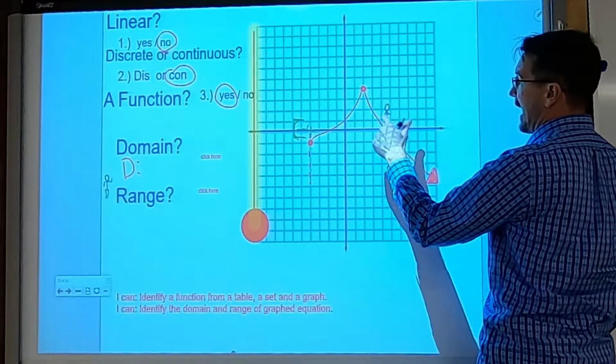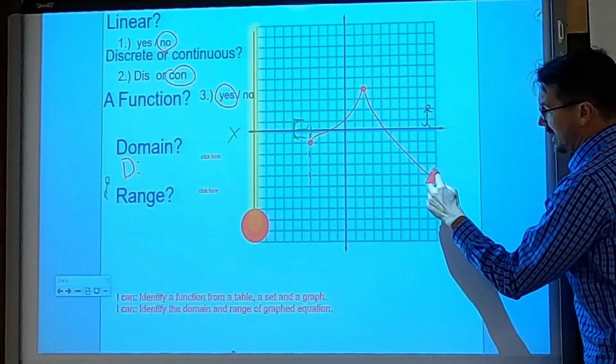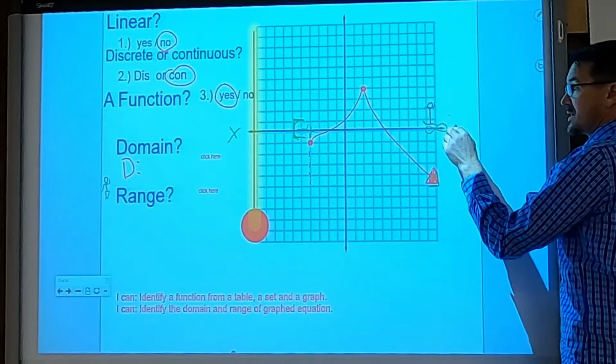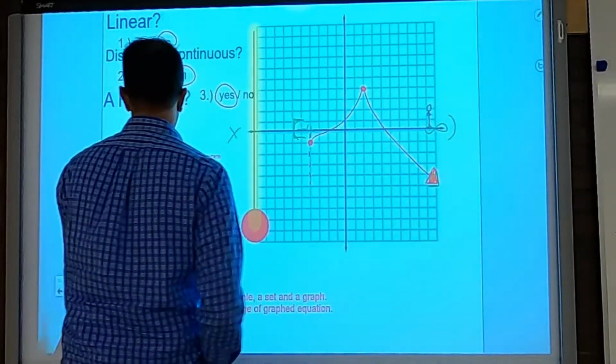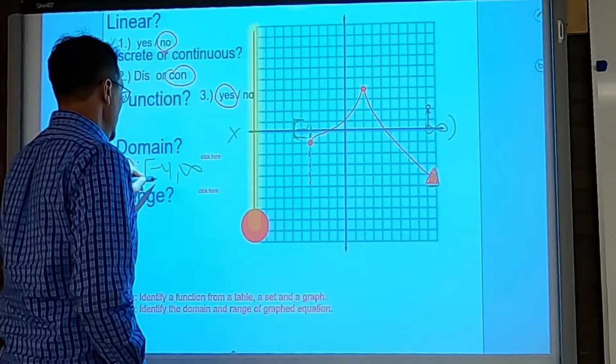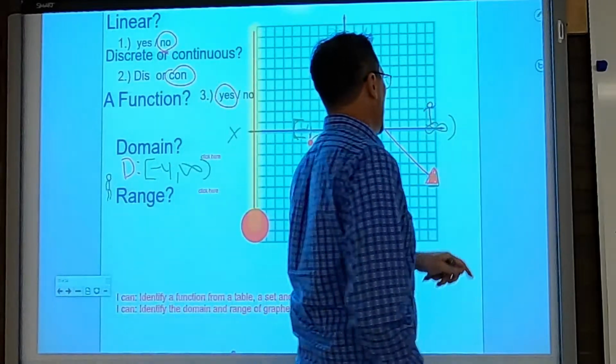We're looking at the x values as they go across. And that arrow means that the end behaviors tell me that it goes on forever, which means it goes to infinity, which is not included. So from -4 to infinity. The -4 is included because it has a filled in circle, but infinity is never included.